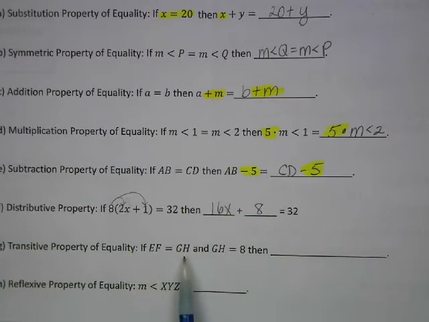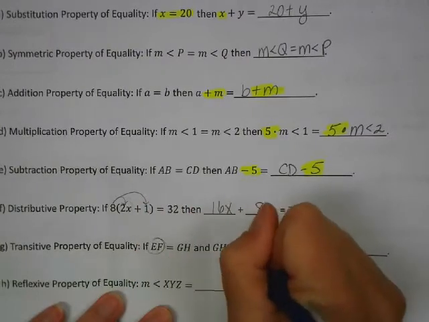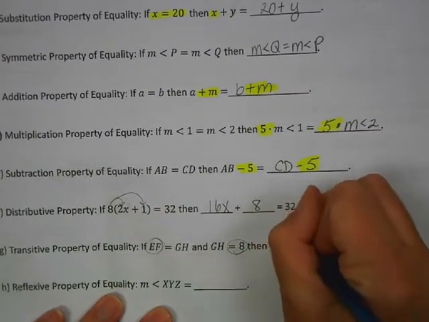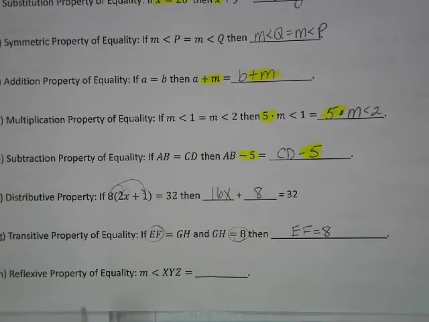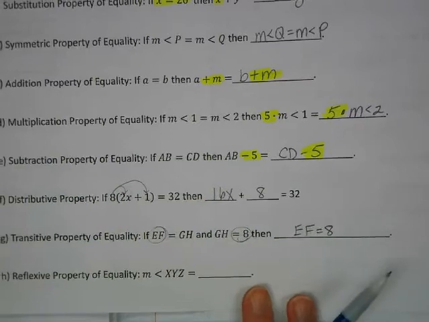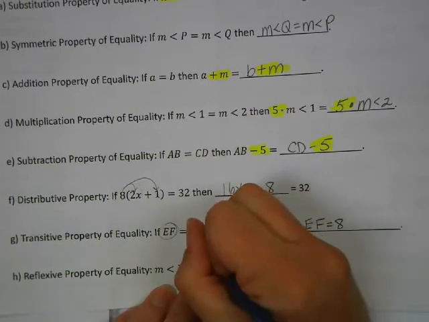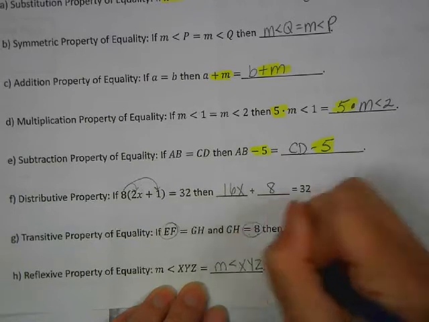If EF equals GH and GH equals 8, then you could also say that EF equals 8. And then the reflexive property just says that any angle is equal to itself. So the measure of angle XYZ equals the measure of angle XYZ.